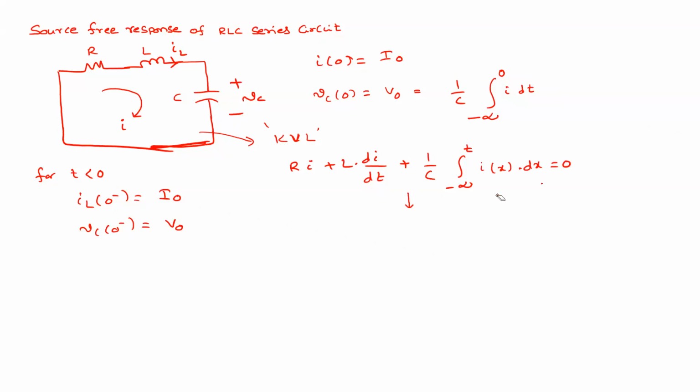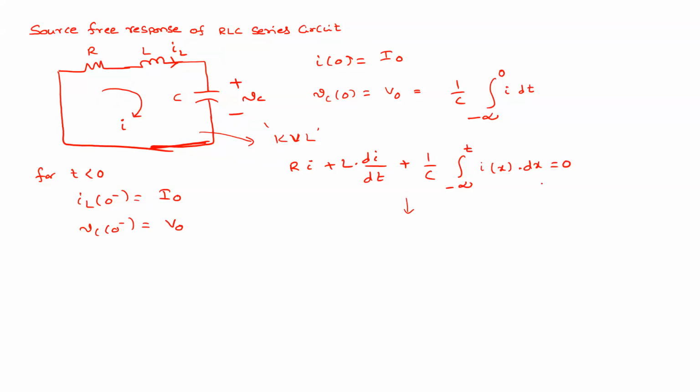So how to bring it to a second order differential equation? Differentiating again. So what will you get if you differentiate again? Something like d square I by dt square.